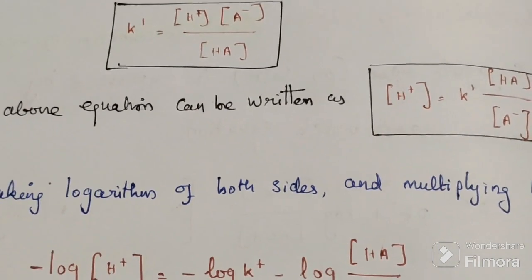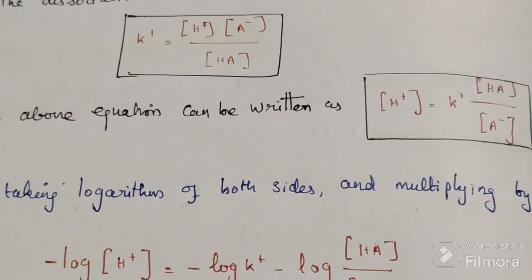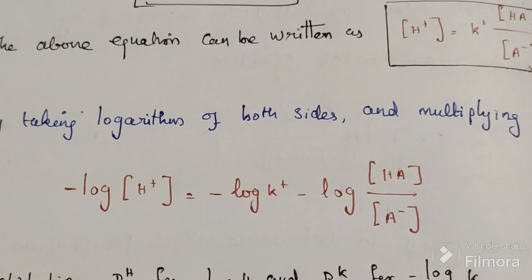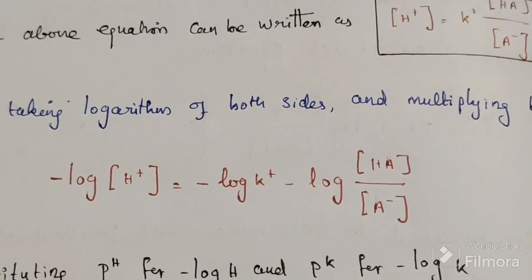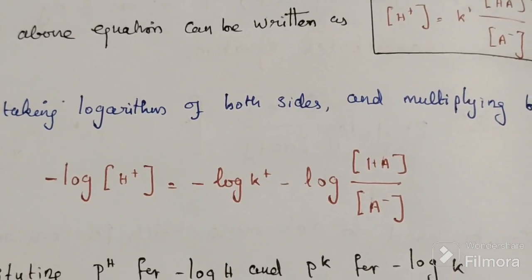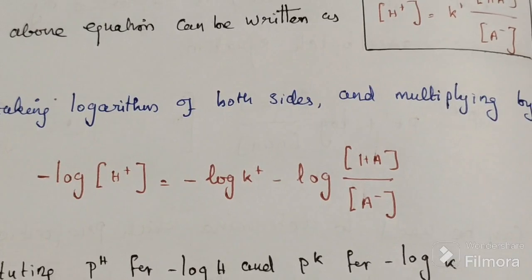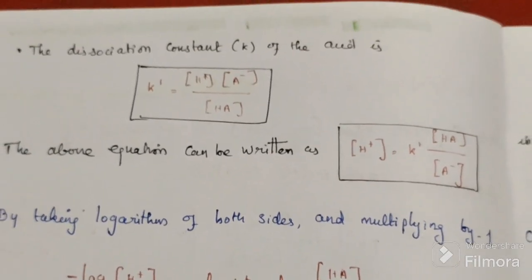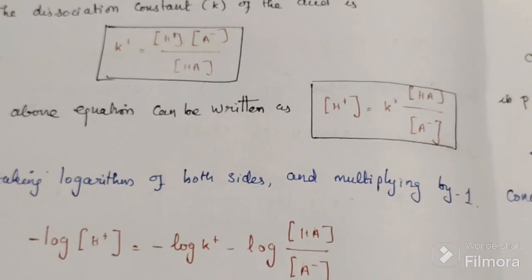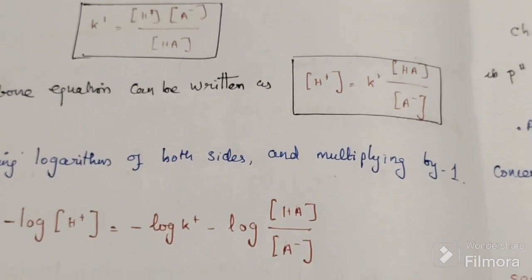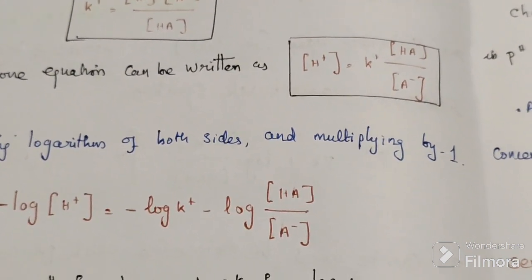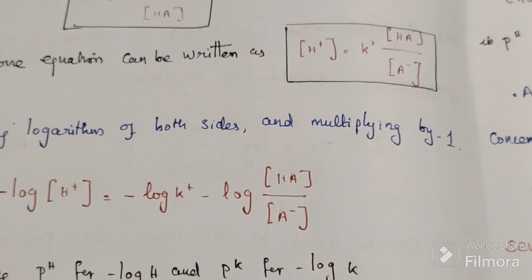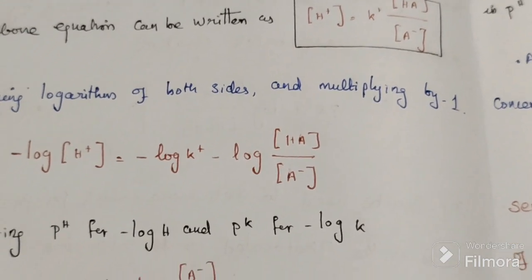By taking the logarithm of both sides and multiplying by -1, we get the equation: minus log hydrogen ion concentration equals minus log of the dissociation constant, the K, minus log of weak acid over conjugate base.